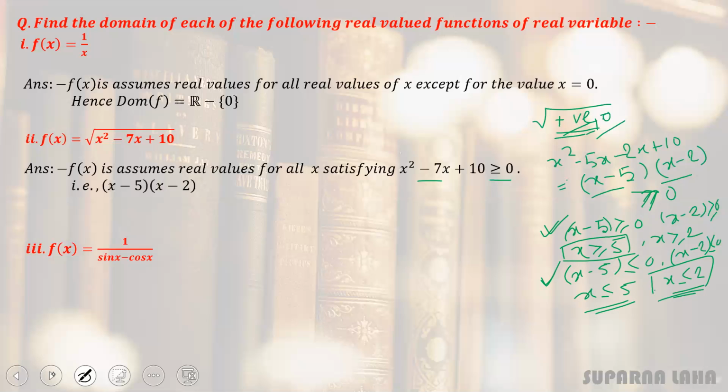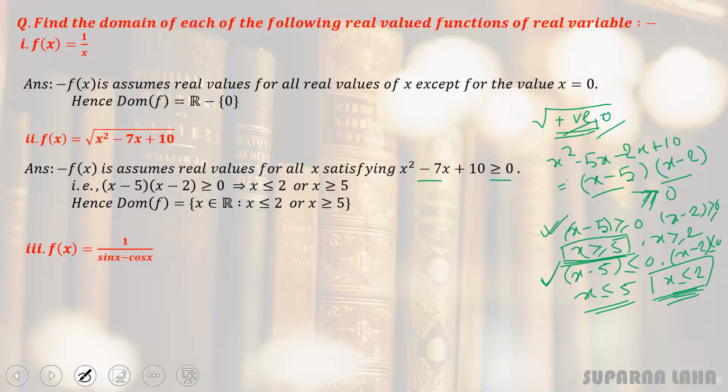So if we write down the conditions, it will look like this: x is less than or equal to 2 or it will be greater than or equal to 5. So whenever we talk about the domain, we can write it like this: x belongs to, definitely, the set of real numbers where either x is less than or equal to 2 or x is greater than or equal to 5. So this is the domain of this function.